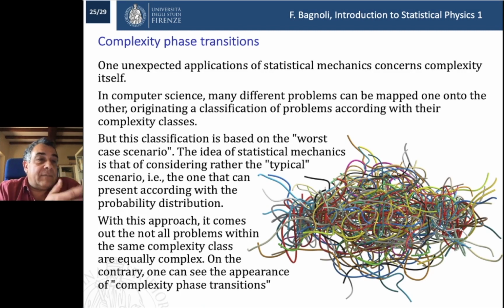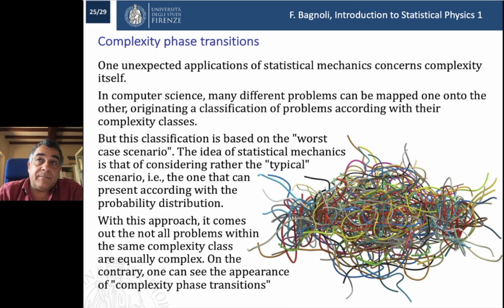And so everything seemed fixed when physicists entered the field and started to consider not the worst case, but the typical case. So to work with the measure, with the probability distribution, which are the tools already used in statistical mechanics. And in this case, one can show that not all complex systems are complex in the same way, because it depends on the parameters.